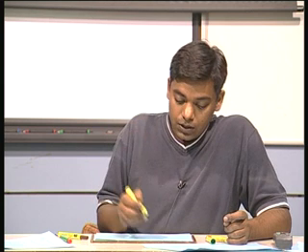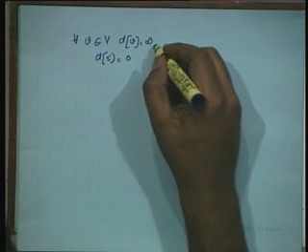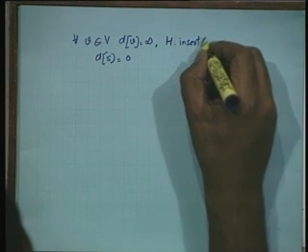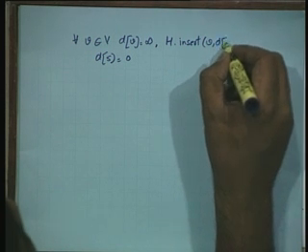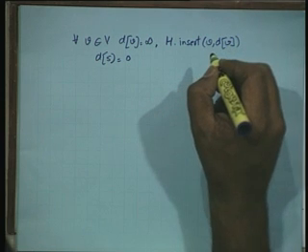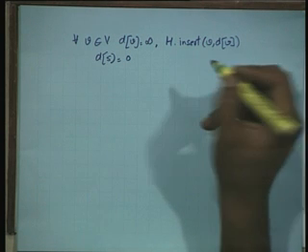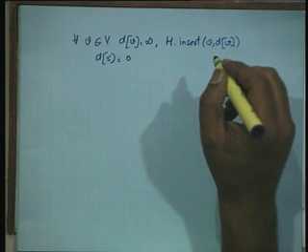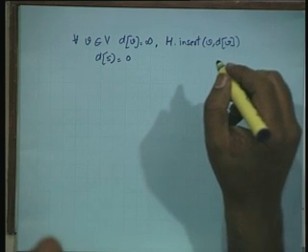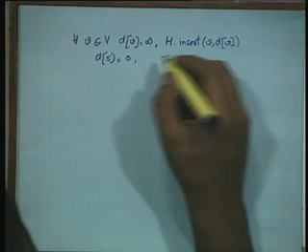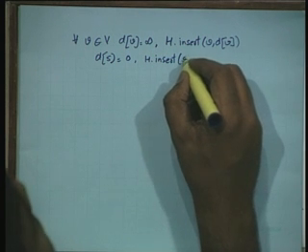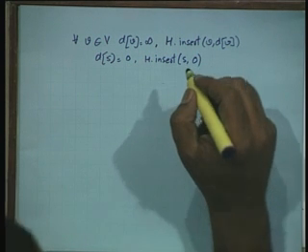So for all v belonging to V, d of v equals infinity and H dot insert v comma d of v. I've inserted the node v with priority d of v, and this one also I'm going to insert, H dot insert s comma 0.